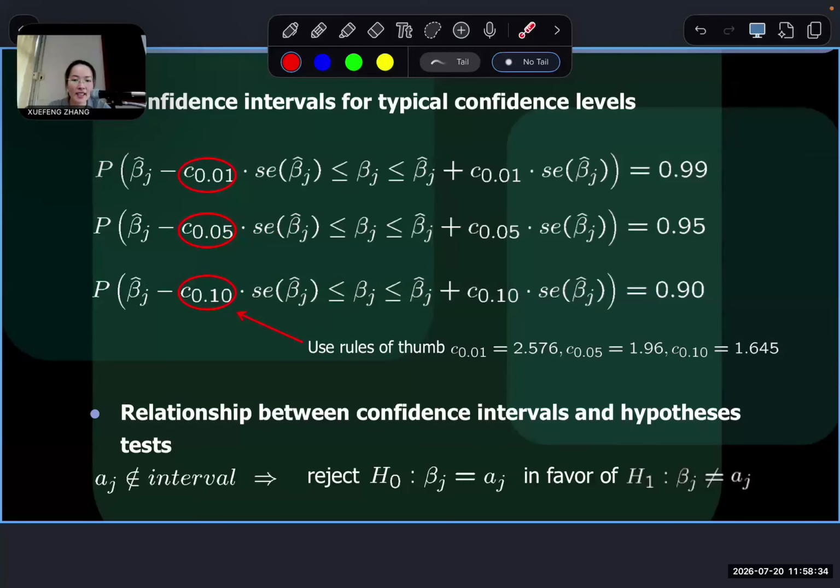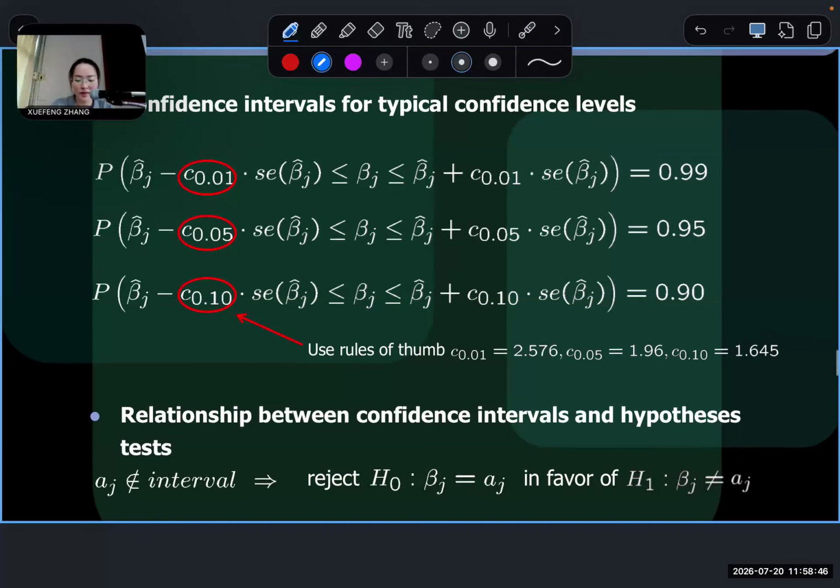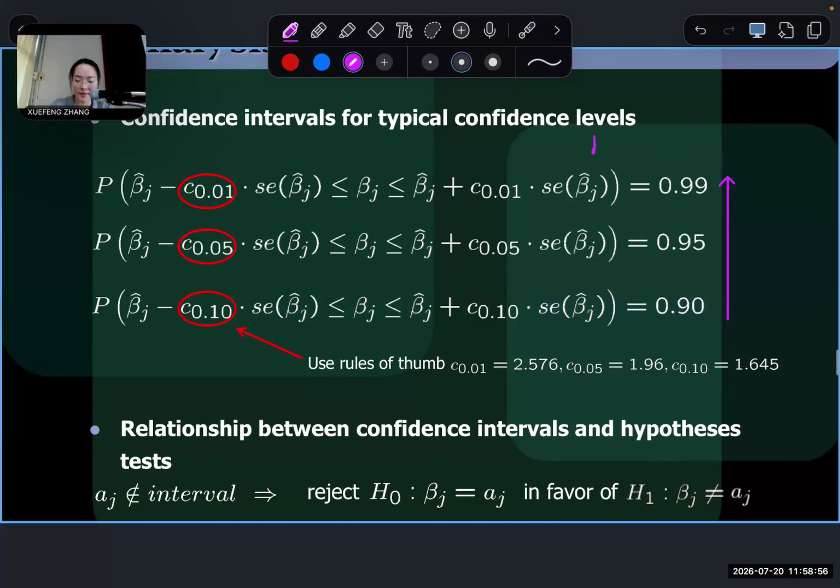Let's see the pattern. If the confidence level is higher, which means you have a bigger or smaller critical value? You see here from 90% to 99%. So here the confidence level is higher, right? Same here. If higher confidence level, which means bigger critical value, right?